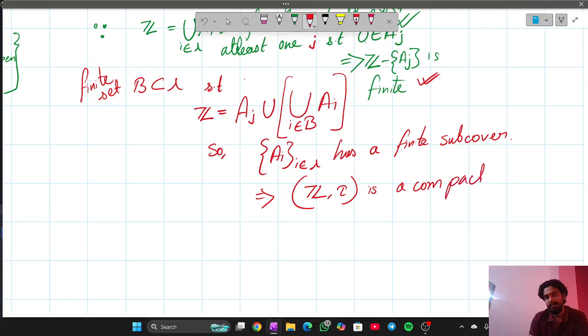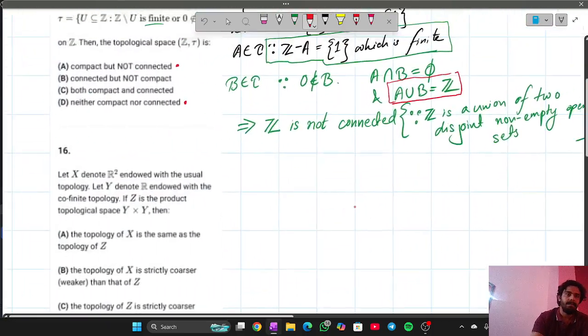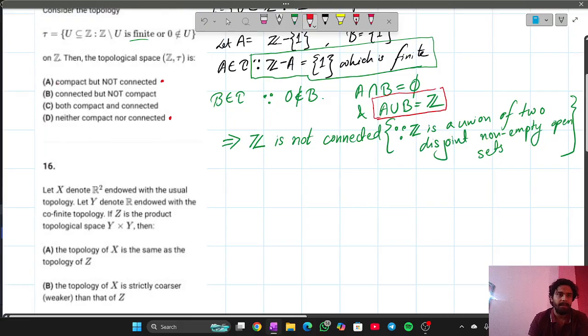So the open cover has a finite subcover, okay, and hence it is a compact space. Therefore, A, that was this one, compact but not connected. This one is a true option, okay.